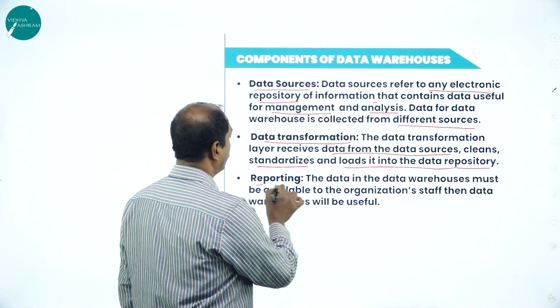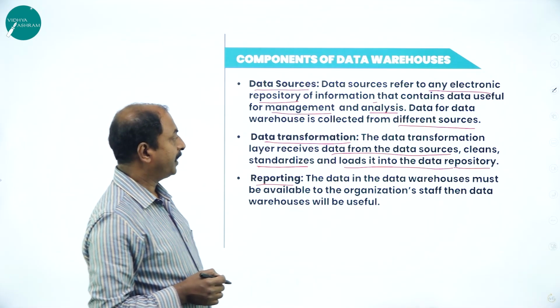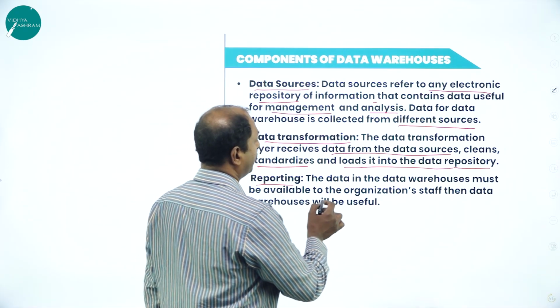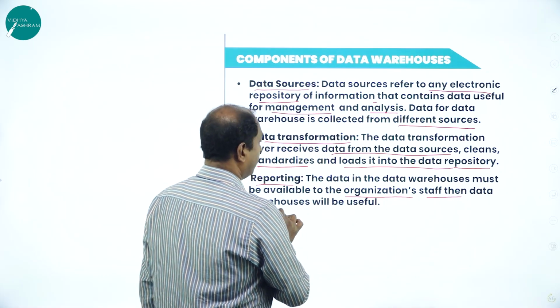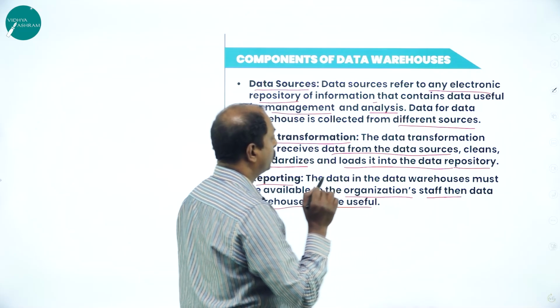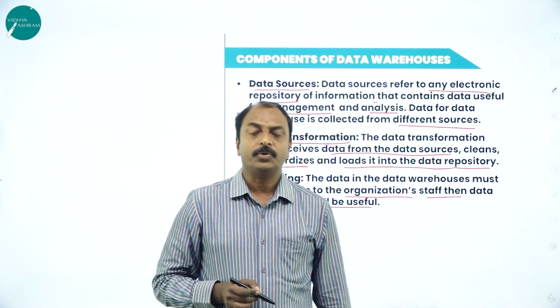Next one is reporting. The data in the data warehouse must be available to the organization's staff, then the data warehouse will be useful. So what is the meaning of reporting here?